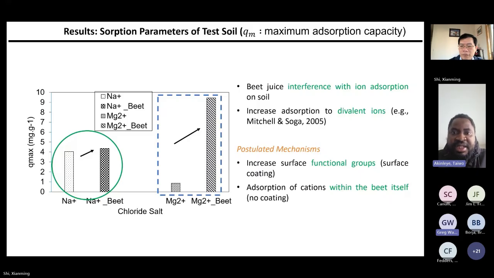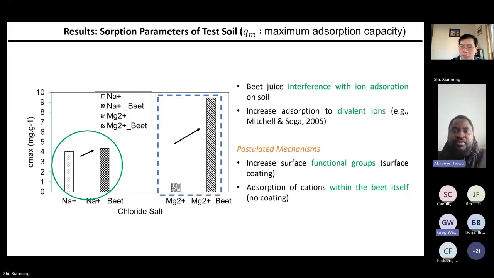Now, we have several ideas which we think, but they need to be further investigated. We know from past research by Dr. Shi and his past student that beet juice contains surface functional groups, and these surface functional groups aid in the adsorption of cations and anions on any surface.